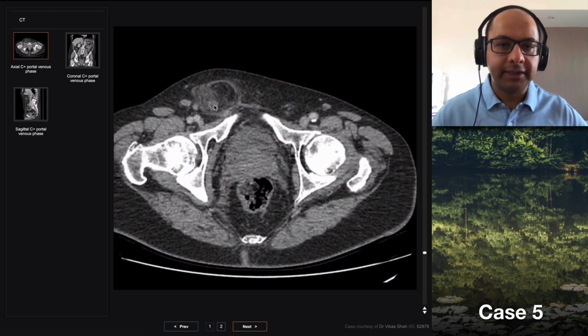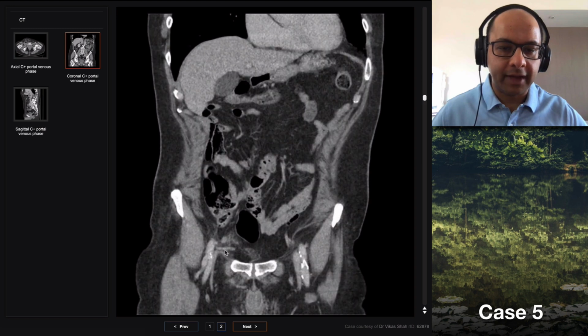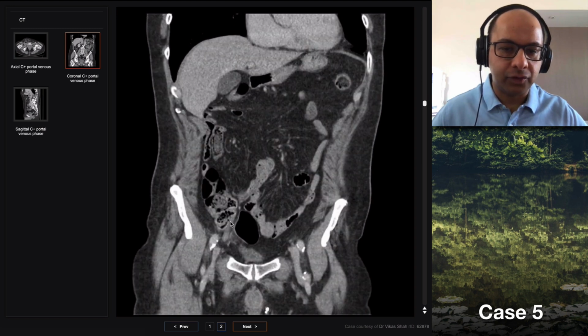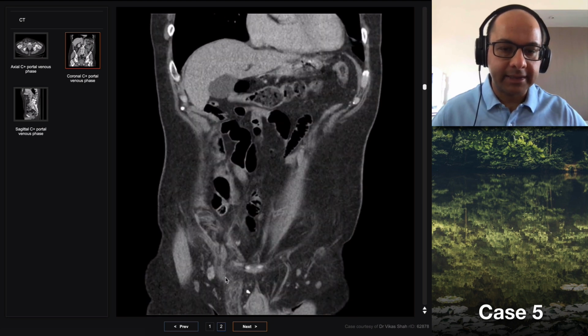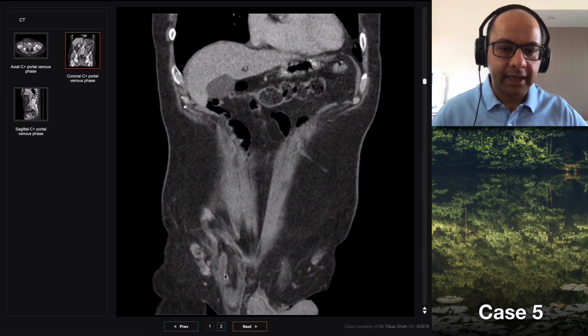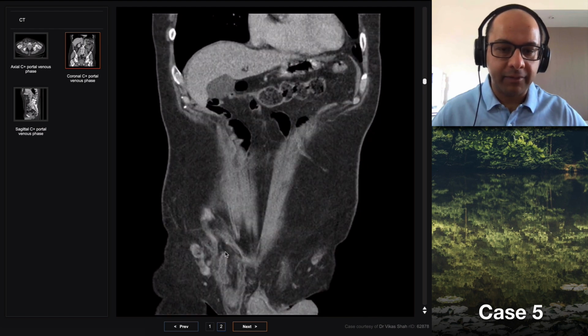And then posteriorly, there's a tubular-like structure, which we appreciate better on the coronal view. And if we follow that, that's heading straight into the abdominal cavity, and you can run it all the way to the cecal pole. So that's the appendix. So the appendix is here within the inguinal canal, and it looks slightly thickened and slightly inflamed, and the fat is inflamed as well, and there's some free fluid.